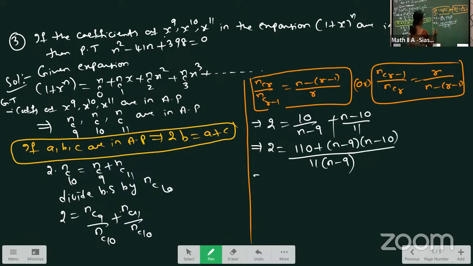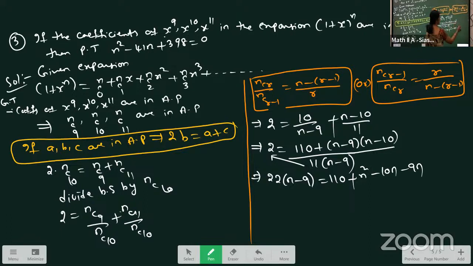Cross multiply: 2 into 11, 22 into N minus 9, is equal to 110 plus, opening up, N into N is N square, minus N into 10 is minus 10N, minus 9 into N is minus 9N, minus 9 into minus 10 is plus 90.